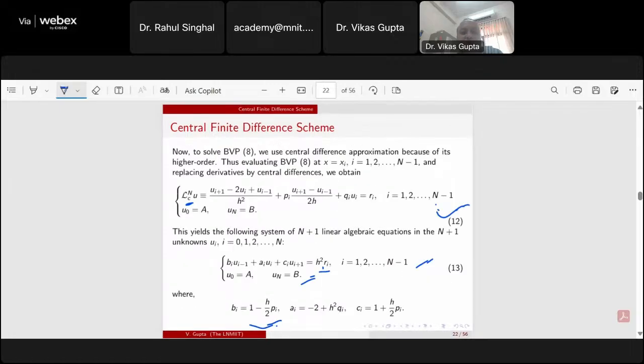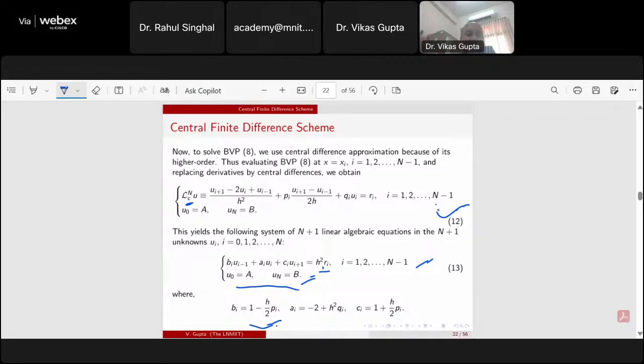Now there are two ways to solve this system of n plus 1 linear equations in n plus 1 unknowns. Either you can solve it directly, or you can use boundary conditions to reduce it to a system of n minus 1 linear algebraic equations in n minus 1 unknowns u1, u2, ..., un minus 1, because u0 and un you know by the boundary conditions.